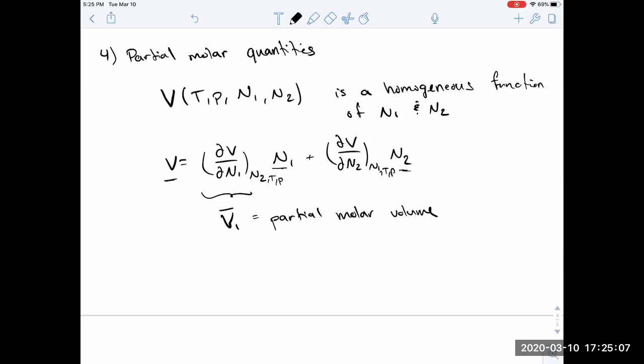Namely, it's the amount that the volume changes as I add an infinitesimal amount of N1 to it. Namely, I can write the total volume as the partial molar volume of species 1 times how much species 1 I have, plus the partial molar volume of species 2 times how much of species 2 I have.